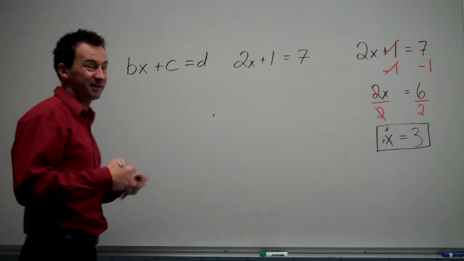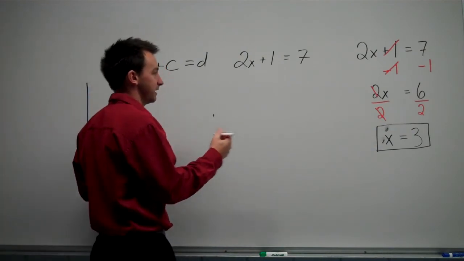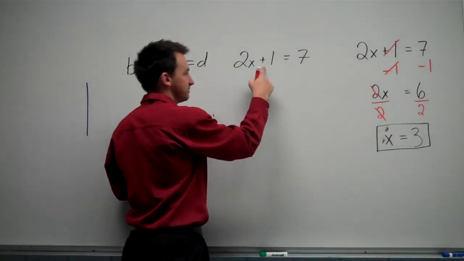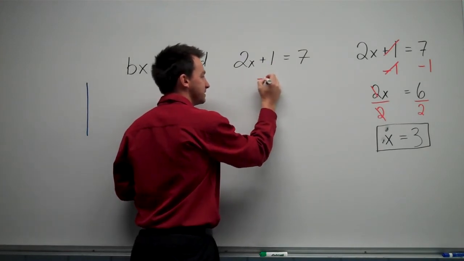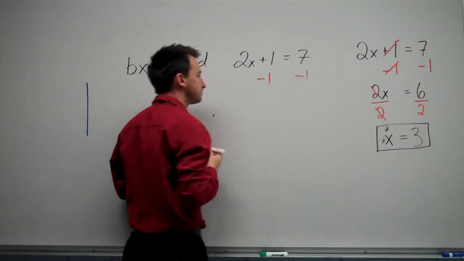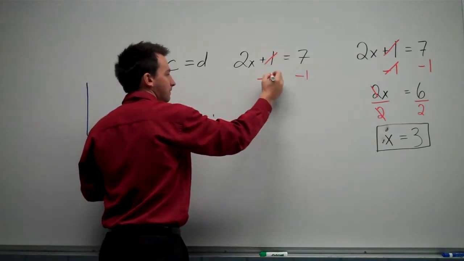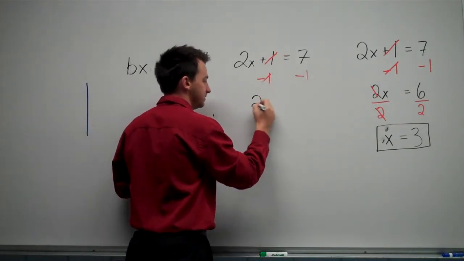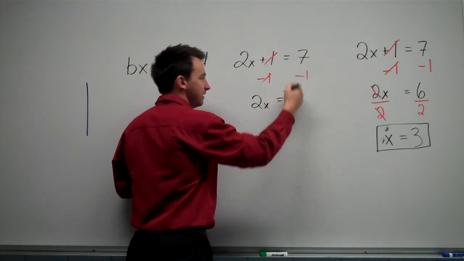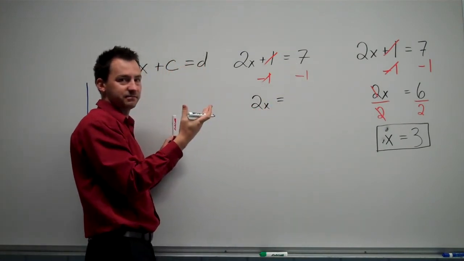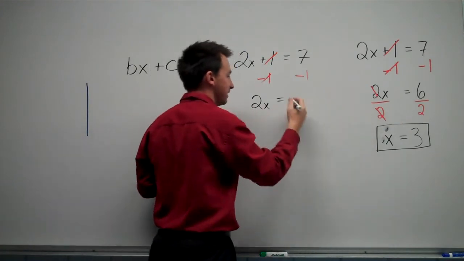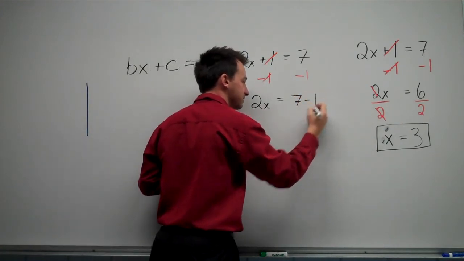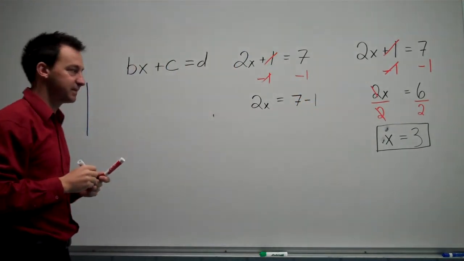We're not going to simplify. It's going to look a little ugly, but that's okay. The first step we did here was we dealt with the adding and subtracting. We subtracted 1 from each side. We were left with 2x on the left side. Now I know that 7 minus 1 is 6. We wrote that over there. But I'm just going to write it like this. It looks goofy, but I'm going to leave it as 7 minus 1.